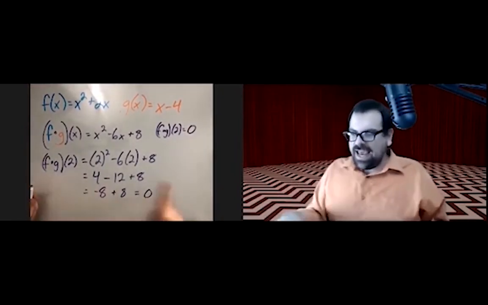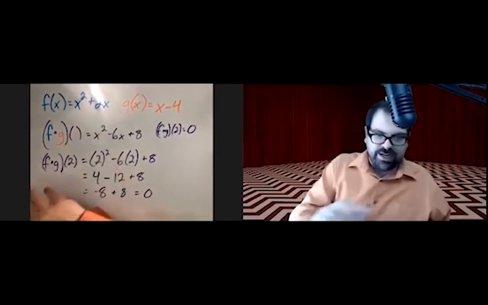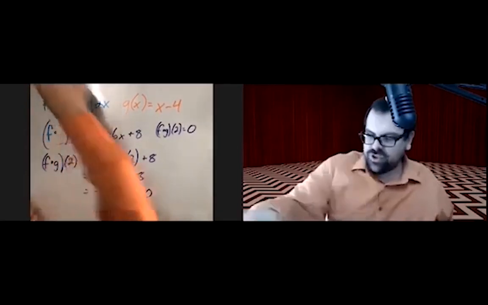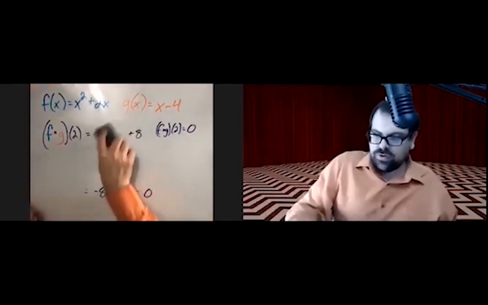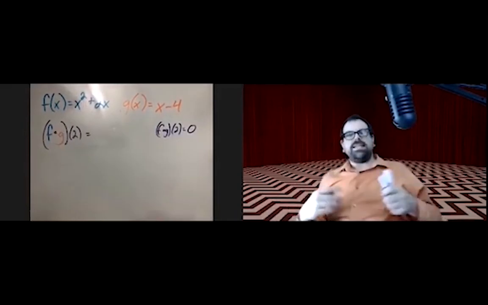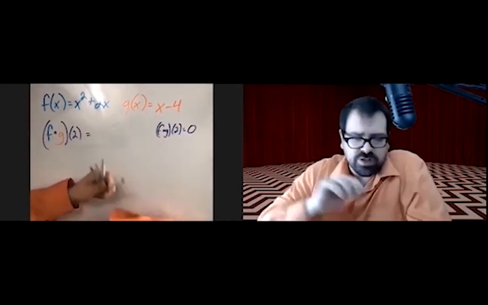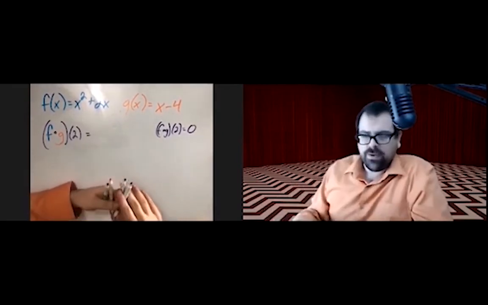Well, what if we didn't have this function? And what if we needed to find F of G of 2, but we didn't want to go ahead and find the composite function, if we just wanted to skip here?